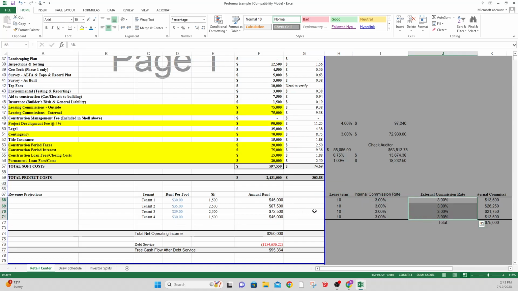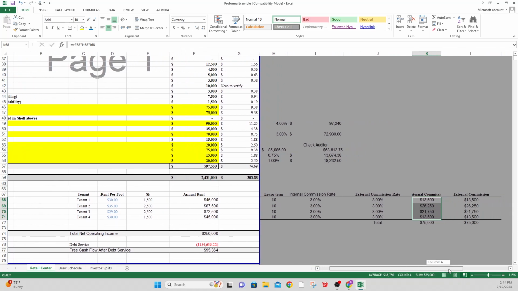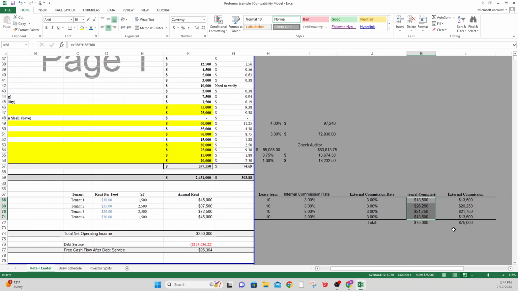and that is kind of just based on what we assume the market rents could be for those spaces. Once again, all 10-year deals is what our assumptions are. We're going to say we're paying out 3%, and then also to the brokerage company that's representing us, we're going to compensate them 3% over the course of the lease. That would then generate what we think the internal and external leasing commissions are for each one of these tenants.